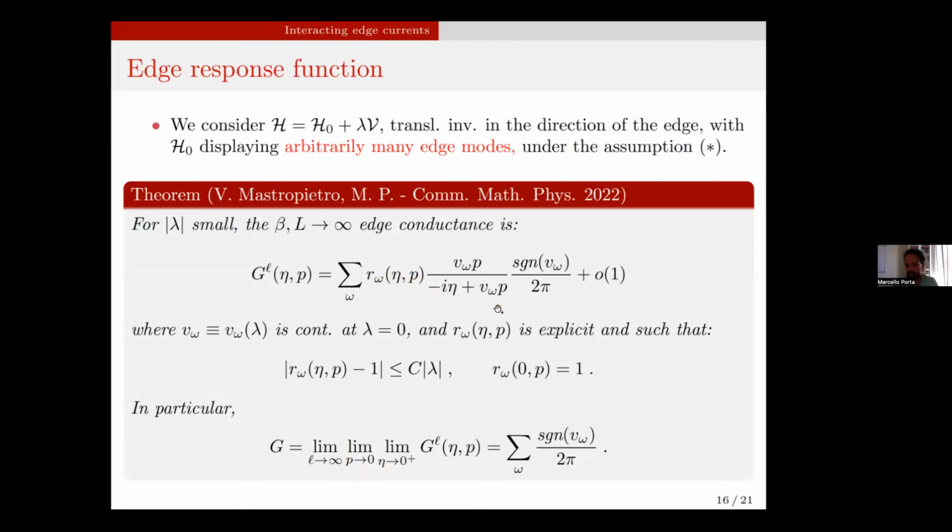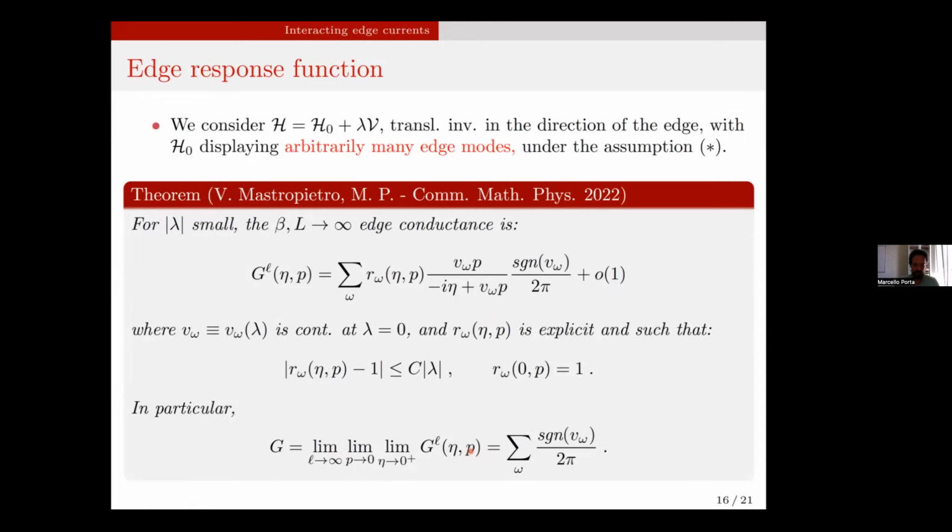So in a sense, if p goes to 0 for fixed eta, it's like perturbing with respect to the number operator, and then you get a trivial response. Yanis, is this okay? It's not mathematically forbidden to interchange them. That's what I was hinting at. You can do it, but you get a different result. Okay. Thank you.